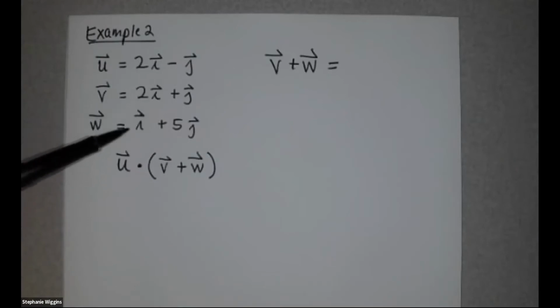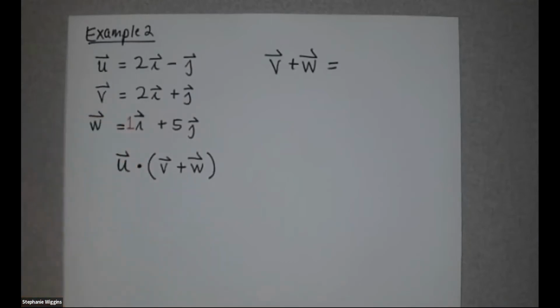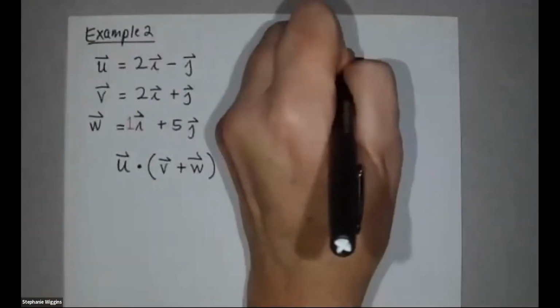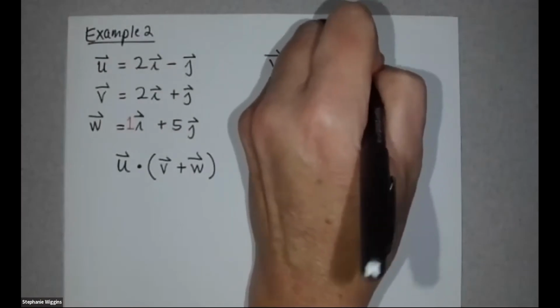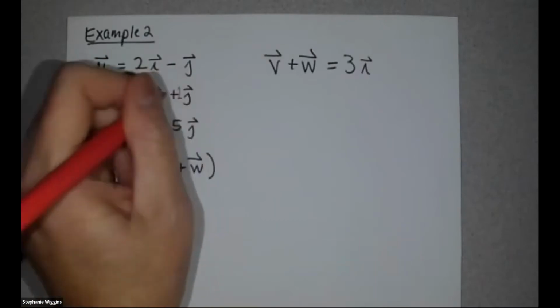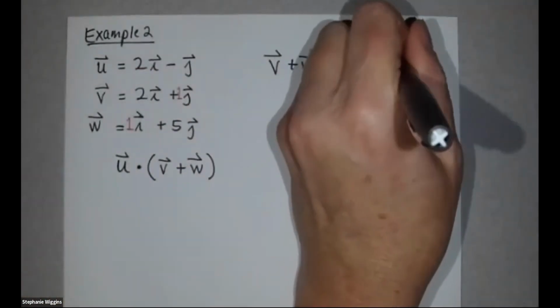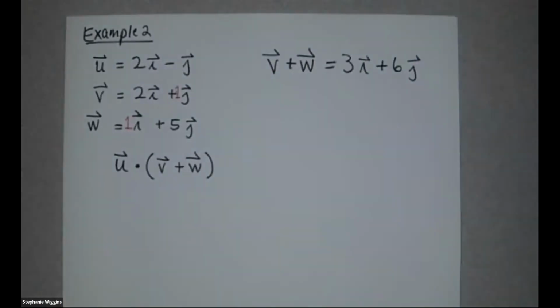So we add 2, and this is understood to be 1, right? So that's going to be 2 plus 1. That'll be 3. And then we have, this is understood to be 1, right? 1 plus 5. So that's going to be 6. So you have 3i plus 6j.